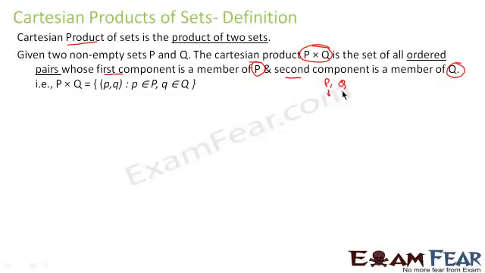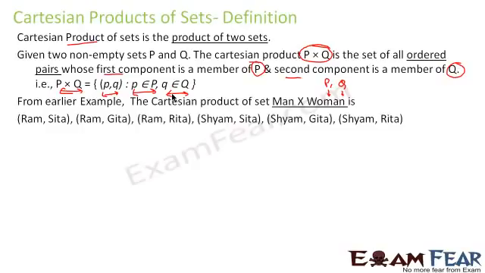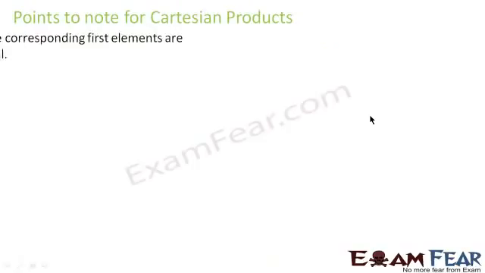The first is from P and second is from Q. If you write this in set builder form, you say P into Q is equal to {(p, q)}, where small p is a member of capital P and small q is a member of capital Q. From the earlier example, we see when men is one set and women is another set, when I say men into women, we got this as the output. We have seen this. Now let's note some points for Cartesian product.